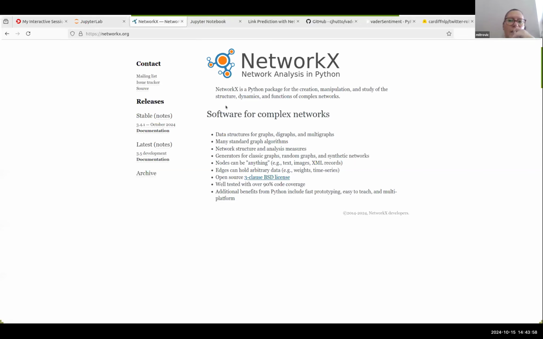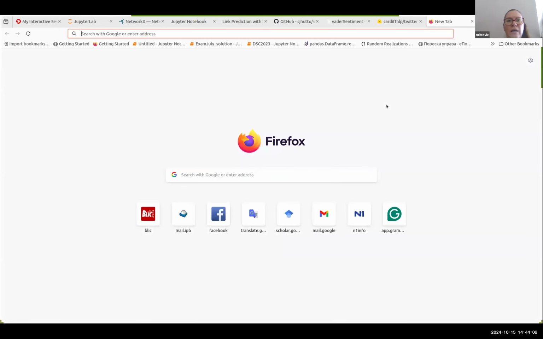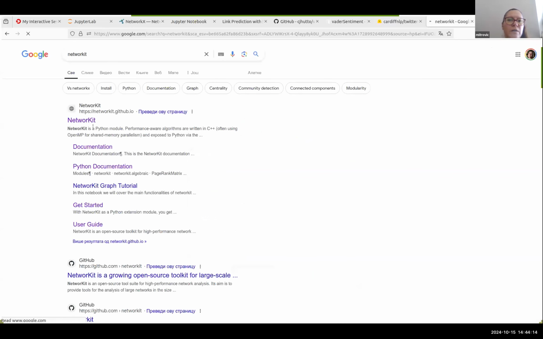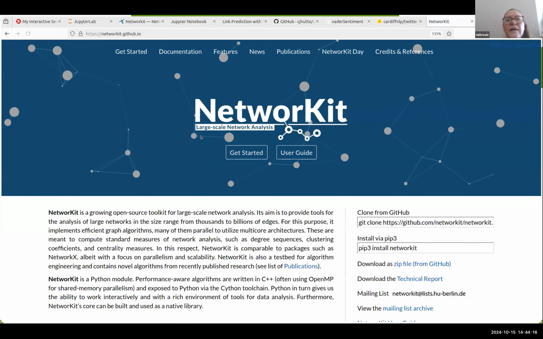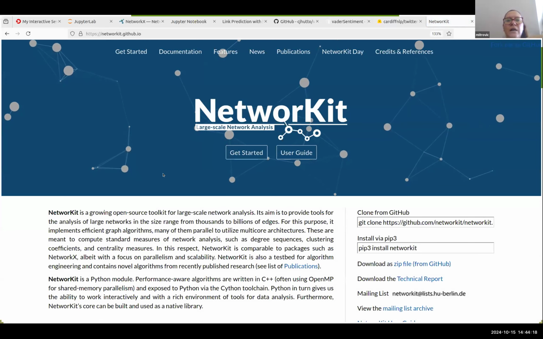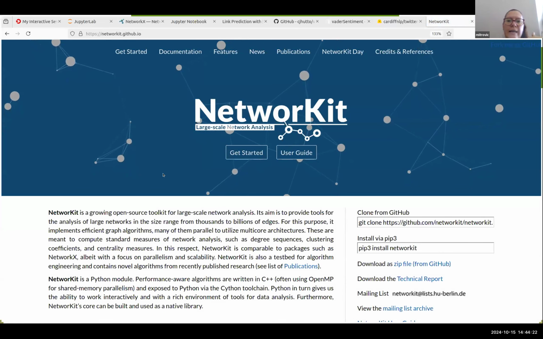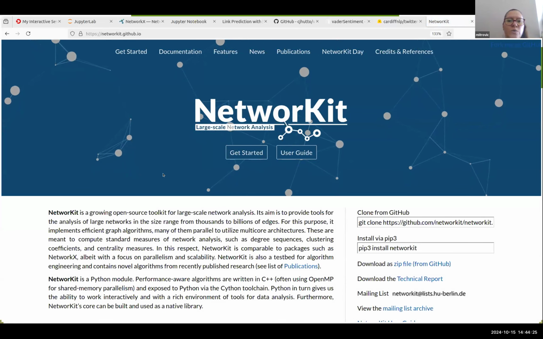A nice thing happened in the past few years: our colleagues developed NetworkKit, which you were asked to install. NetworkKit is a tool for large-scale network analysis.